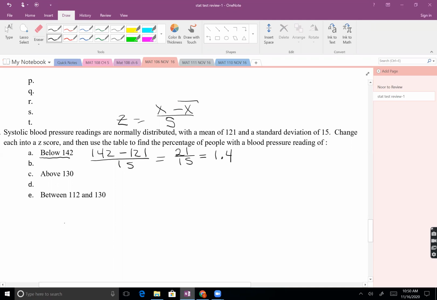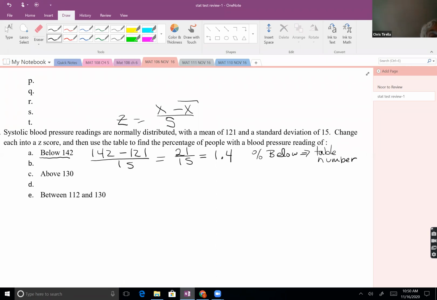Is everybody all right for the percent below? We just take the table number. That equals 91.92. Above 130, we need the Z-score for 130.